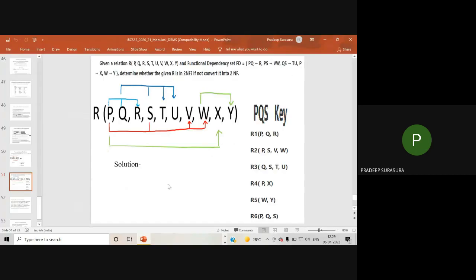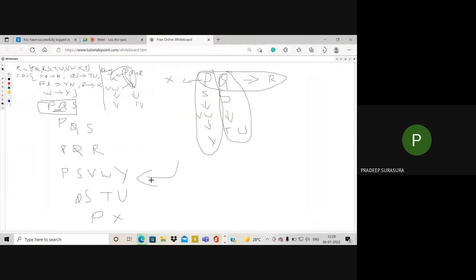Okay, fine, all these things are met. So I have these many tables after breaking to second normal form.